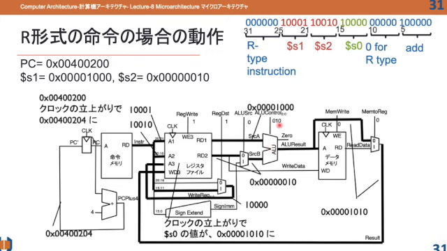Now, unlike a memory operation, this is not a memory address, rather this is the ALU result, so it does not look for the memory; it goes directly to the register file. To do that, the memory to register control is set to 0, so this selector will pass this value to here.